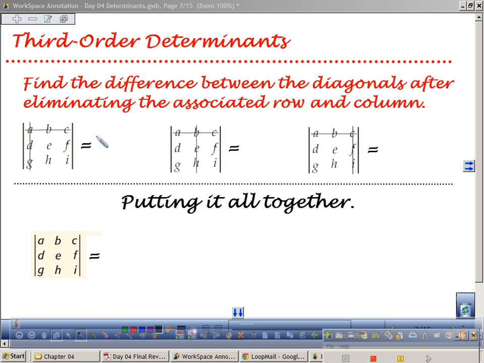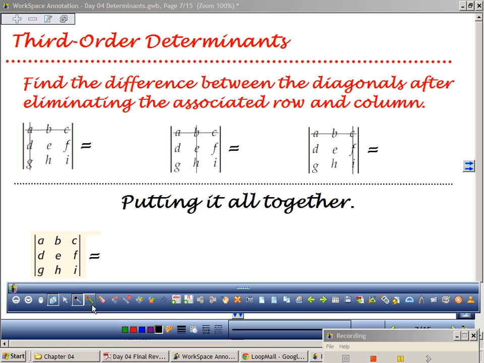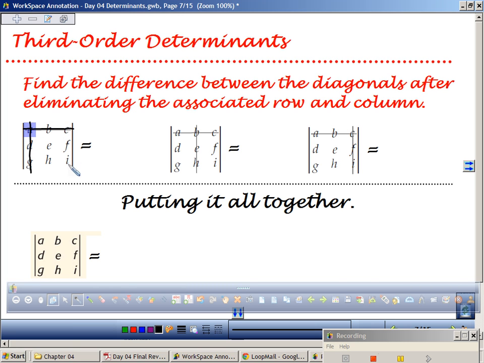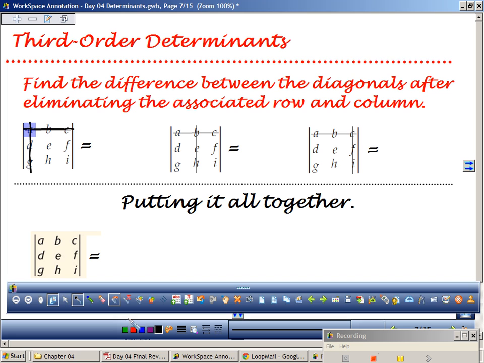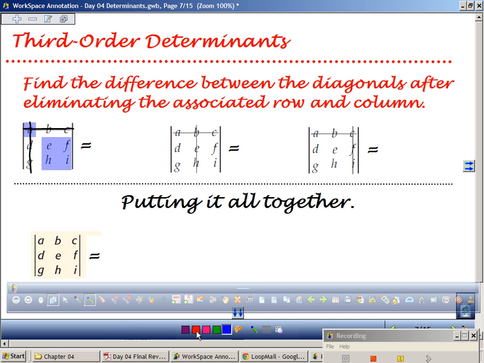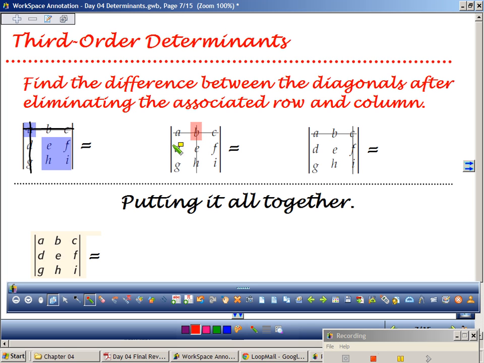So what happens is, if I want to concentrate on A, that means I take my row and my column and cancel them out, and I'm left with that right there. B leaves me with D, G, F, I.